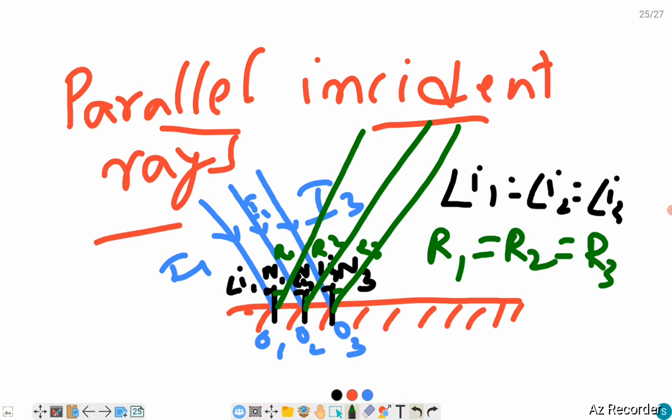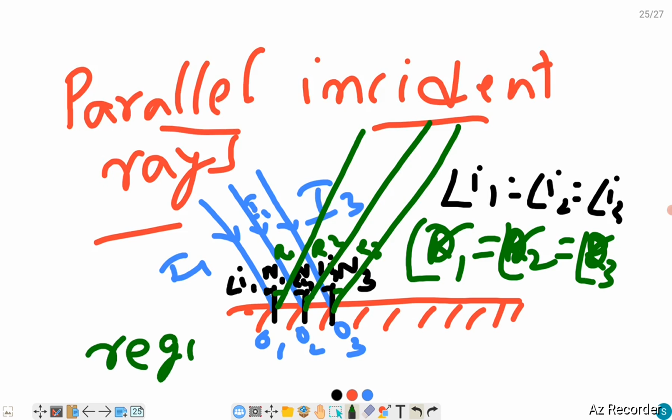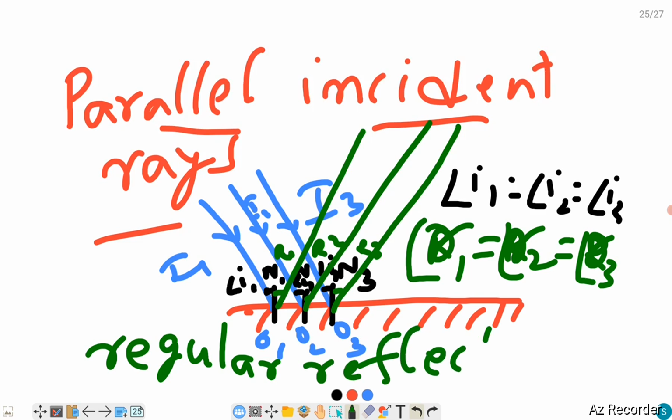Because if I1, I2, I3 are equal, angle R1, small letters you have to write, angle R3, they will be equal. So this type of reflection is called regular reflection. That means for parallel incident rays, the reflected rays also will be parallel. This is called regular reflection. In this, the laws of reflection are obeyed.